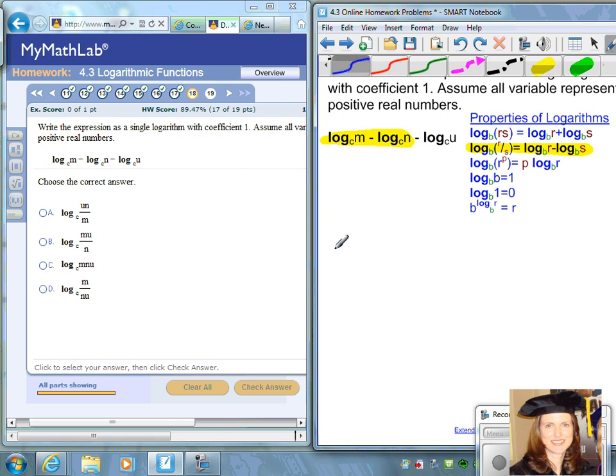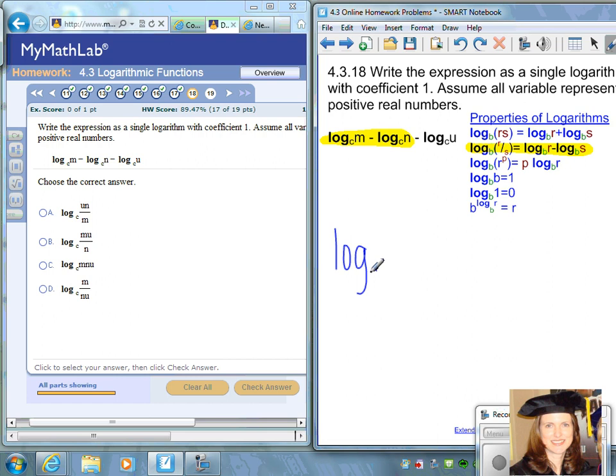So I can write this as log base c of m minus log base c of n. The two logs are split with a minus sign, so I'm going to write it as a quotient, m divided by n, minus log base c of u.